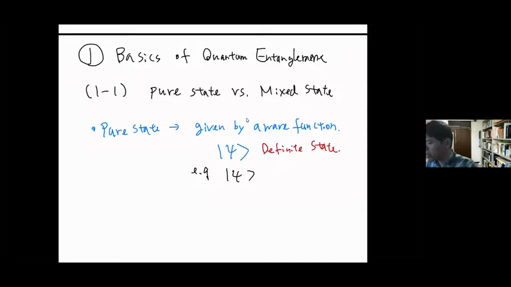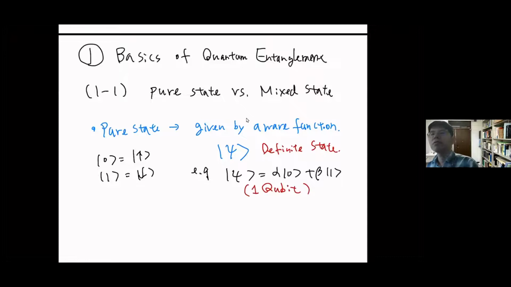If you talk about some spin system, like a one qubit system, we write 0 to be up spin and 1 to be down spin. So this linear combination we can consider in quantum mechanics. This is called a qubit, a quantum qubit. This is one qubit. If we have two of these spins, then we have 2 qubits.